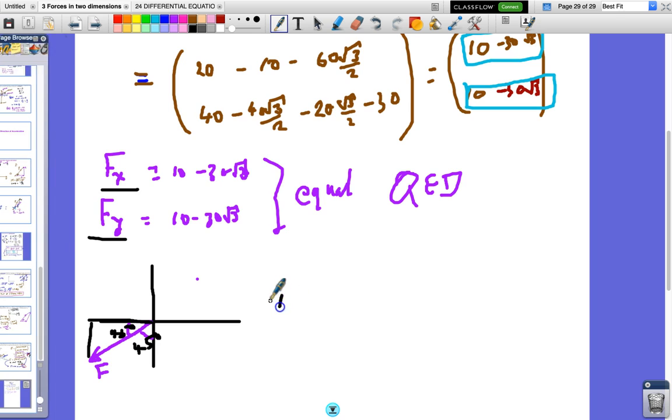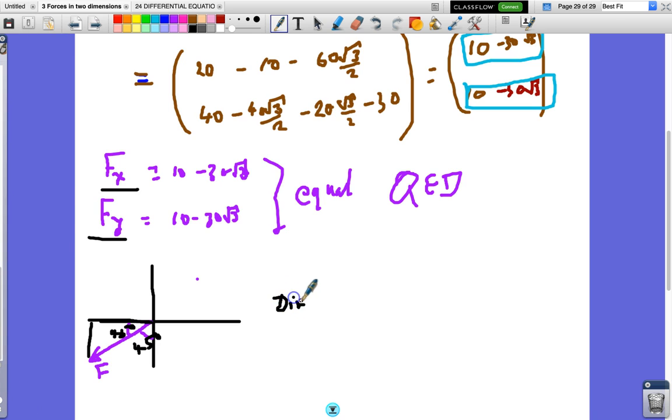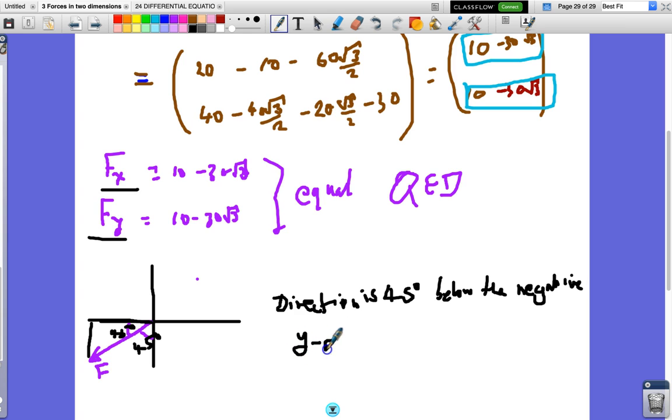So I will say that direction is 45 degrees below the negative x-axis. Okay, you can also say 45 degrees to the left of the negative y-axis.